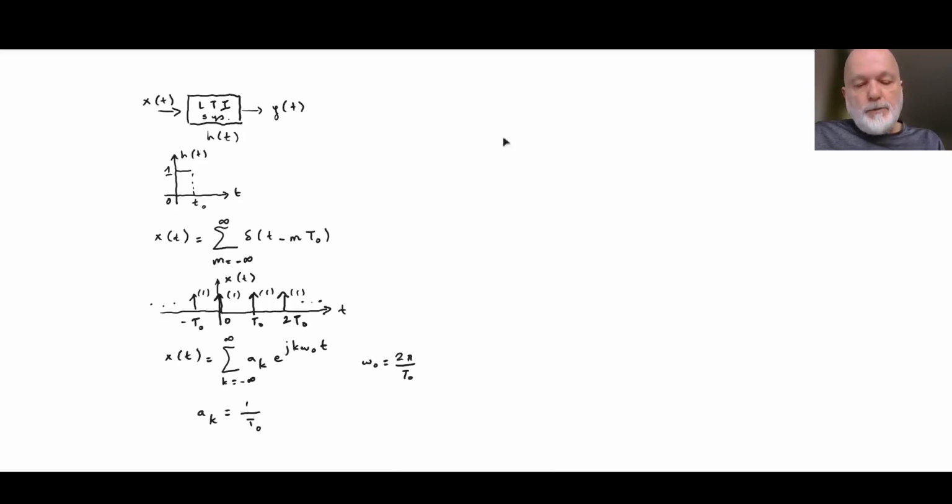The output y of t corresponding to this input is again a periodic signal with Fourier coefficients b_k, k running from minus infinity to plus infinity.